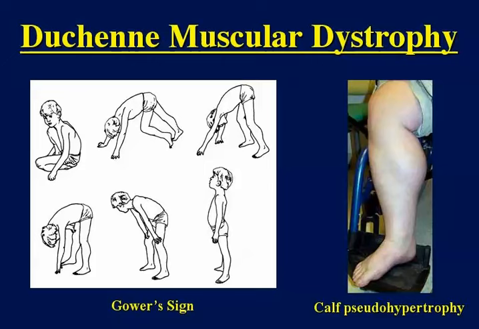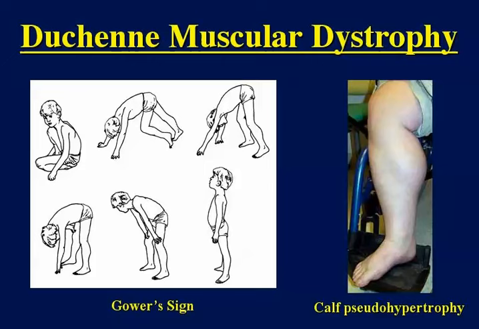Most patients suffer intellectual impairment with a mean IQ of 85. The mental impairment is not progressive. These patients can function in a regular classroom setting with remedial help. In the past, death usually occurred by age 20 years. With the use of glucocorticoids, which delay progression of the muscle deterioration and necrosis, selected patients are surviving to their late 20s and early 30s.